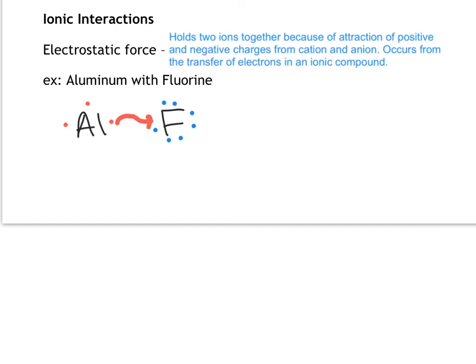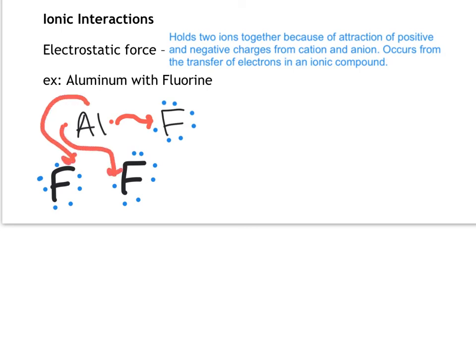Aluminum still has 2 more electrons to give, so that means 2 more fluorines need to come about to accept the 2 more electrons from aluminum. So one would donate an electron here, and one would donate an electron here.